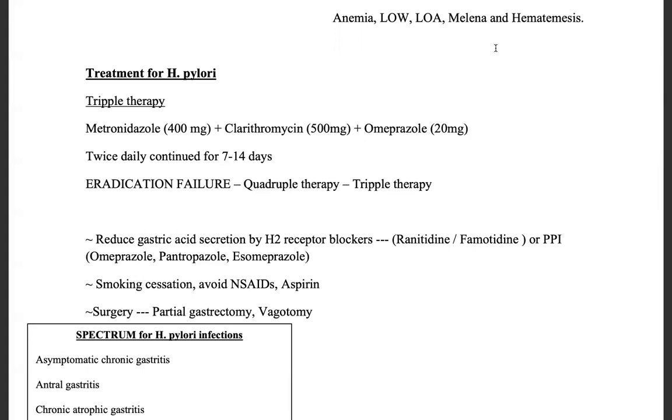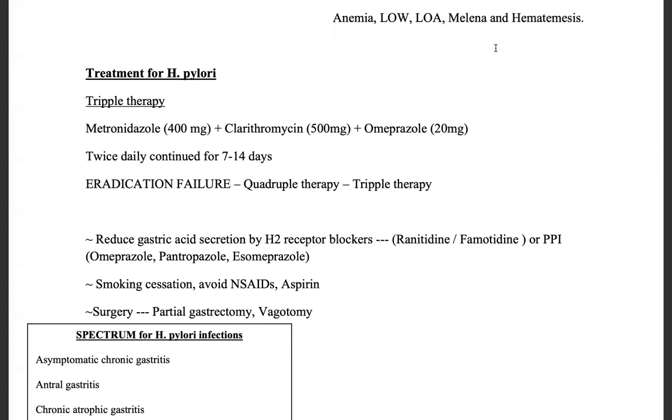This triple therapy is continued twice daily for 7 to 14 days. In case of eradication failure, we are using something called the quadruple therapy. Just have an idea.